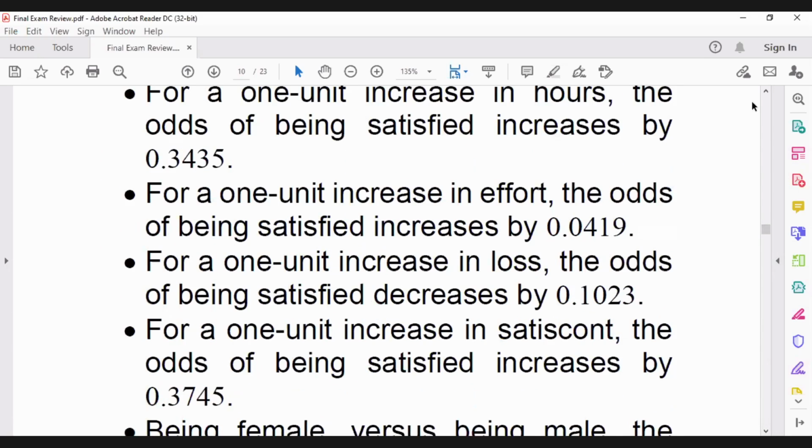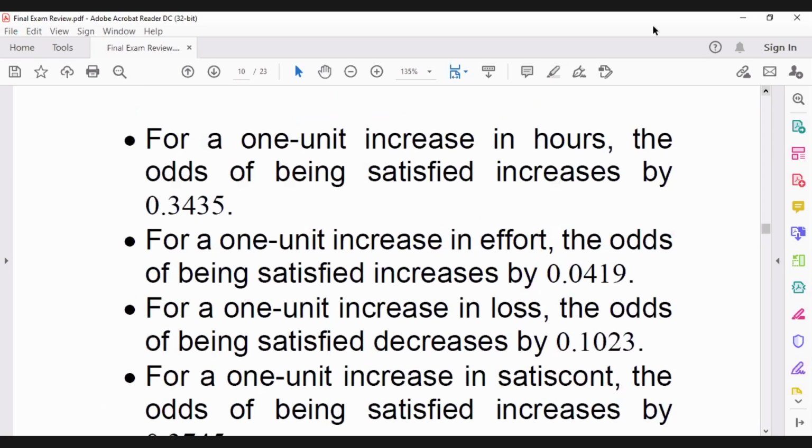Interpretation is slightly different. For a 1 unit increase in hours, the odds of being satisfied increases by 0.3435. So for logits, we got the log of odds. Under the probit model, we got simply the odds, not the log of odds. So under logistic, we got the log of odds increases, log of odds decreases, log of odds increases.